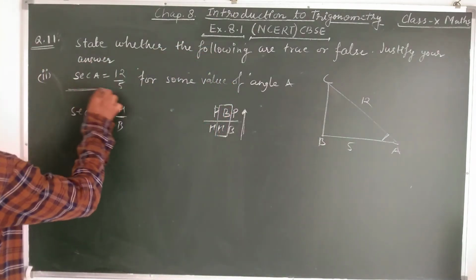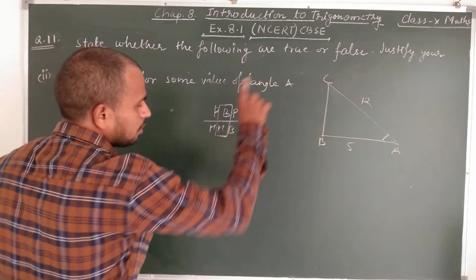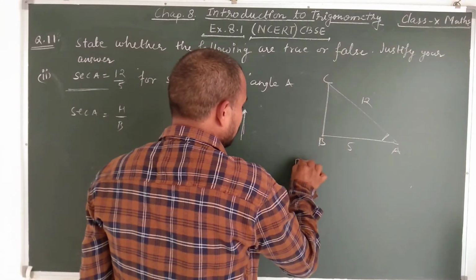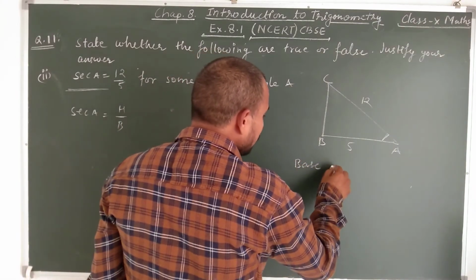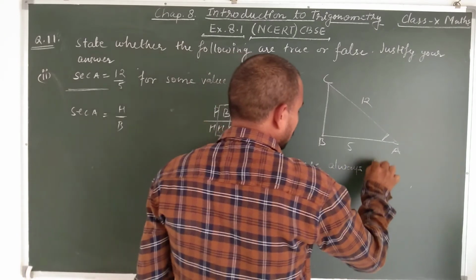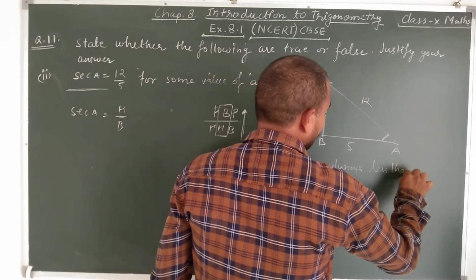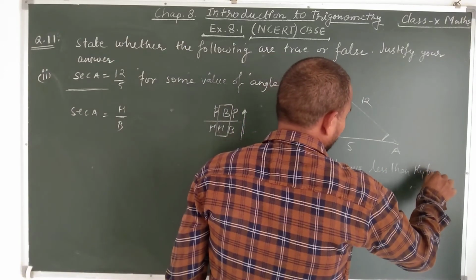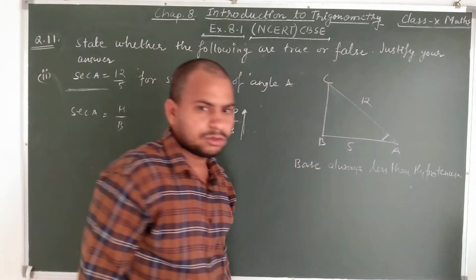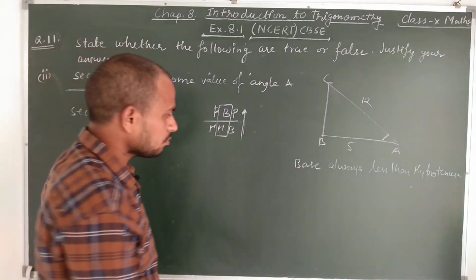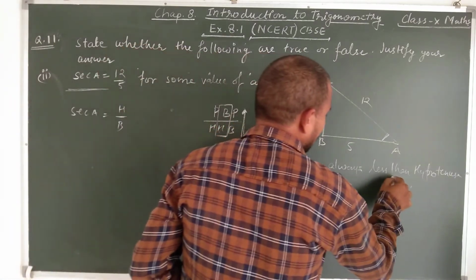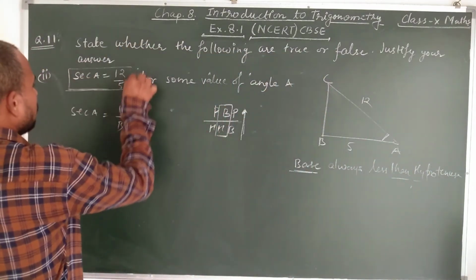So does this value exist for any angle A? Clearly we know that base is always less than hypotenuse, and we know that for base as well as perpendicular this value exists.